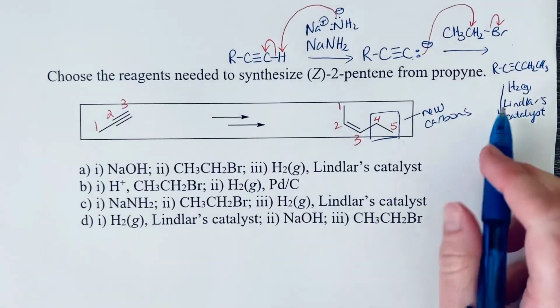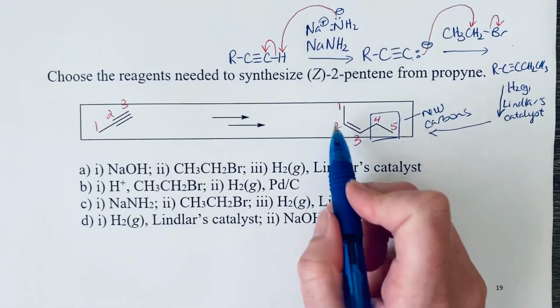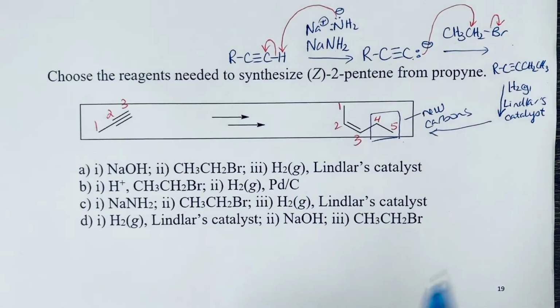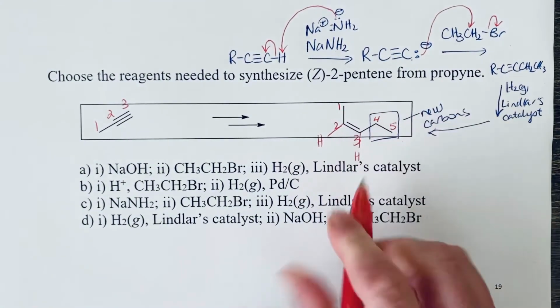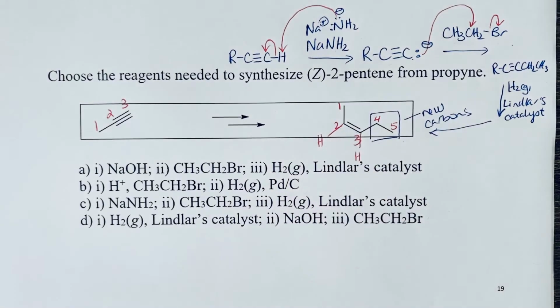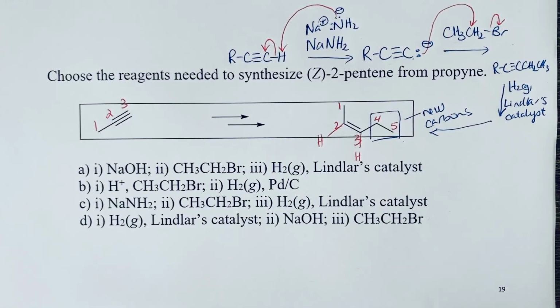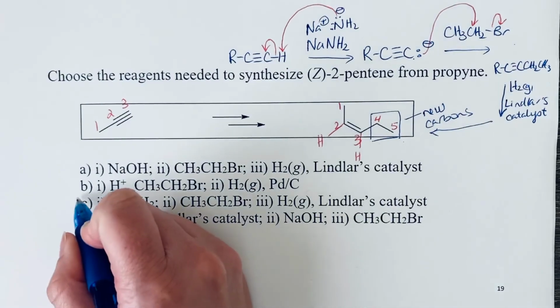And that will do the reduction to give you the cis-alkene that we're looking for. So it's adding those 2 new hydrogens to the same face. So you can see them here on the same side of that pi bond. So that means that the answer we're looking for here is C.